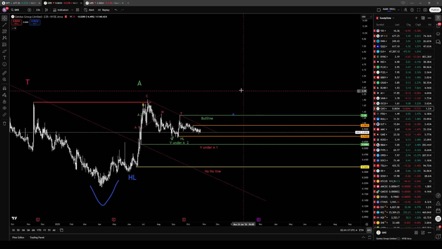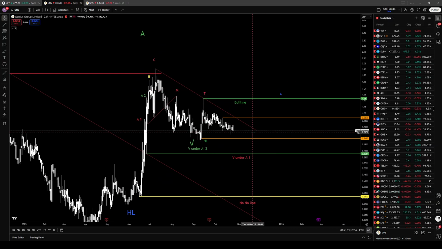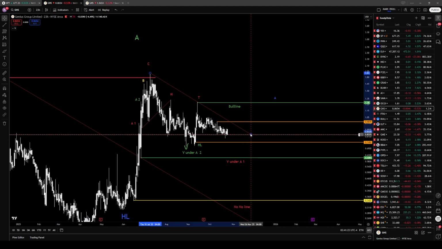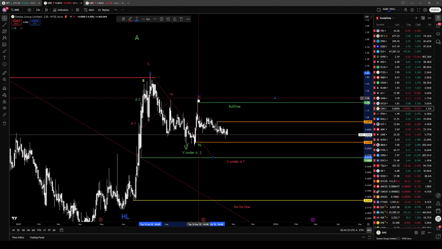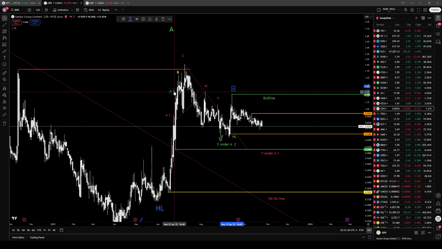So, two versions of this A pullback. The bullish version would be this here, where the green is right. This would be your A, which is a little bit too high for my taste. I'm leaning more to the red one.